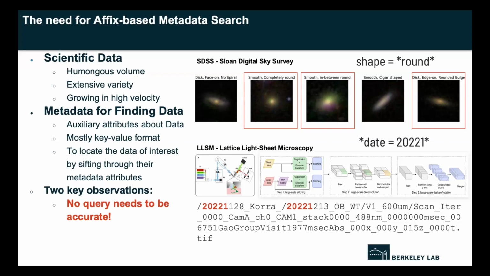It doesn't matter if it's in between round, or completely round, or has some rounded boundaries. They just want to search for a nebula image that is of round shape.